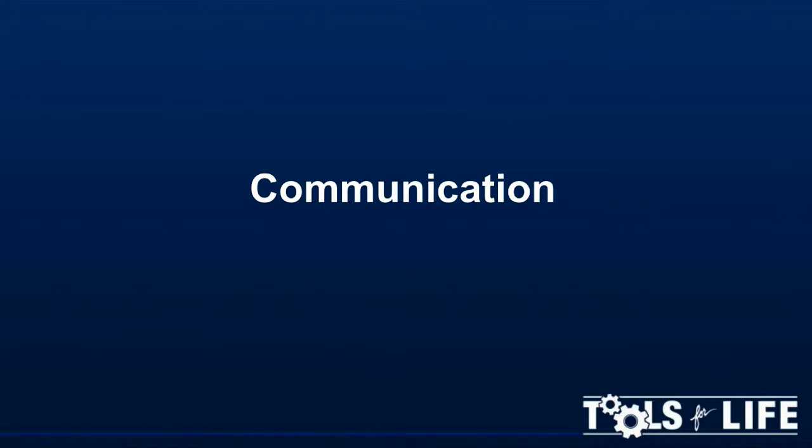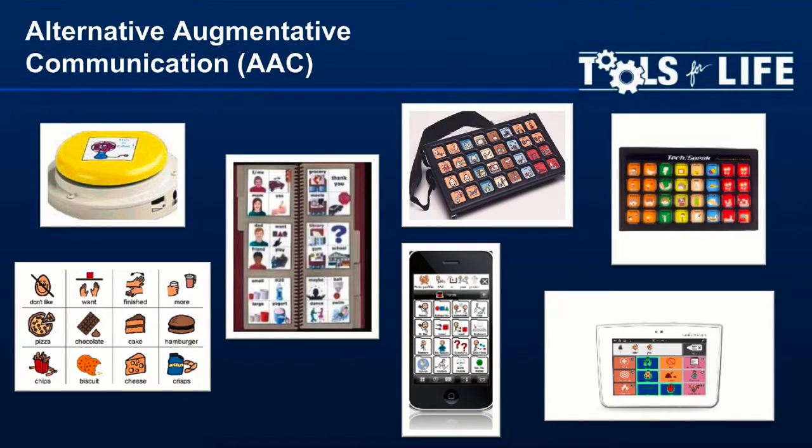When we're talking about communication, there are lots of solutions that you need to think about, and specifically, you want to think about low-tech, mid-tech, and high-tech solutions. Some people automatically go to high-tech solutions and they think, oh gosh, if the person's having trouble communicating, they need a high-tech solution. They need that iPad, or they need that app on their phone, whether it's an Android or whether it's an Apple device.